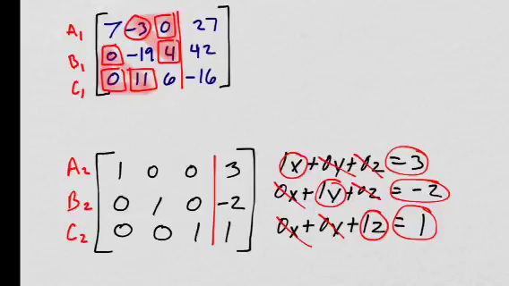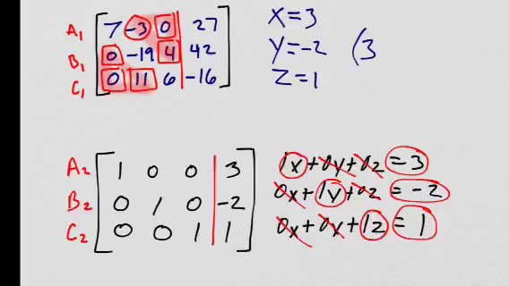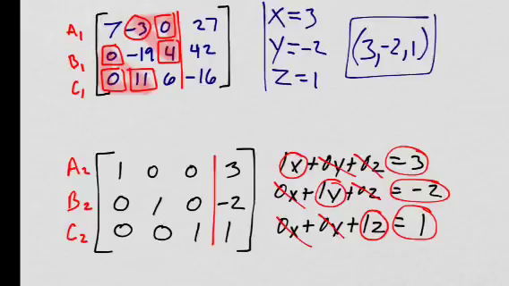We can write them like this: x equals 3, y equals negative 2, z equals 1. We can put it in an ordered pair: 3, negative 2, 1, however you like. Those are both fine ways to write your answers. And that's the way you use these to solve problems.